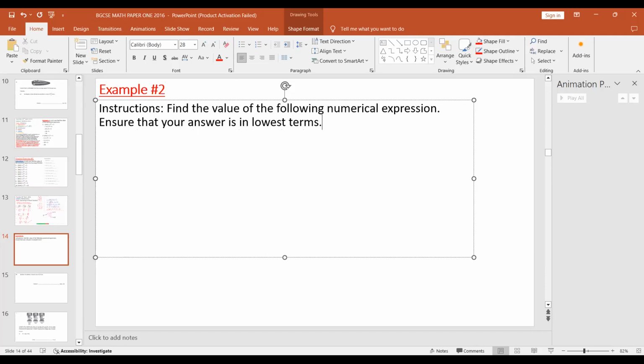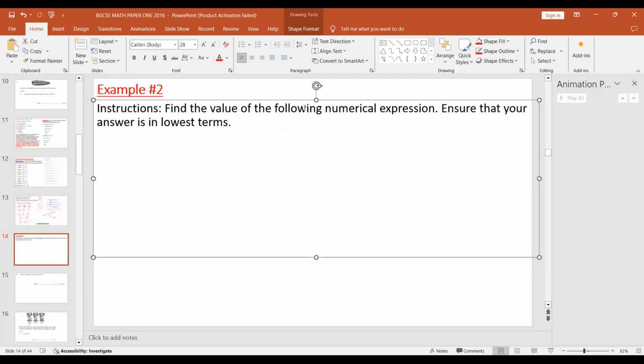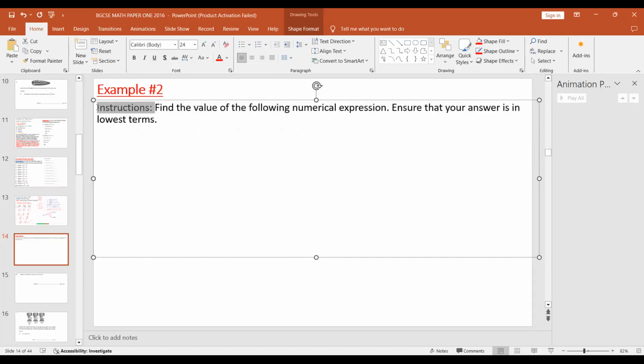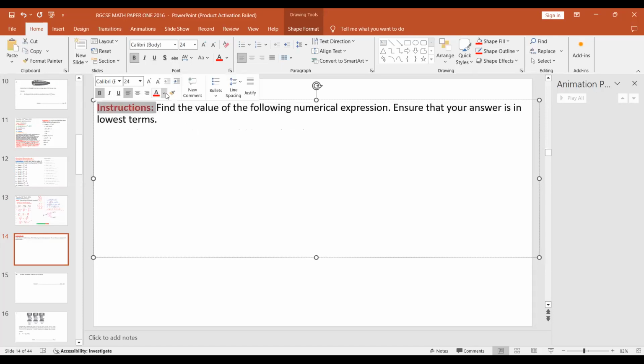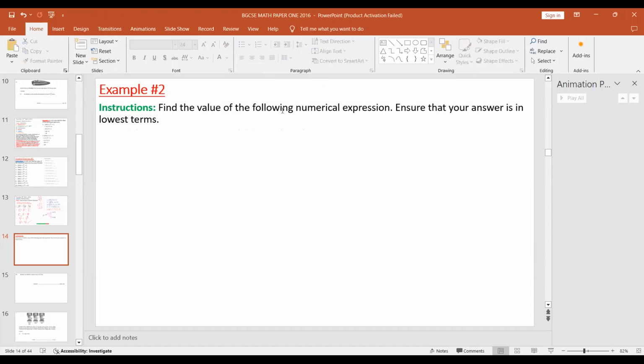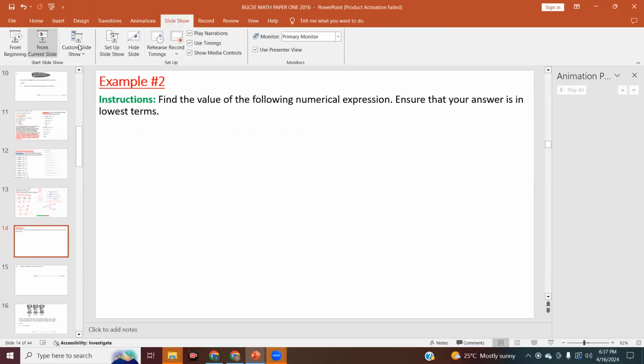And by lowest terms, we mean that you cannot simplify further, that it's in the lowest that it could go, right? So that's the instructions for this one. Okay, so let's go ahead and do it.